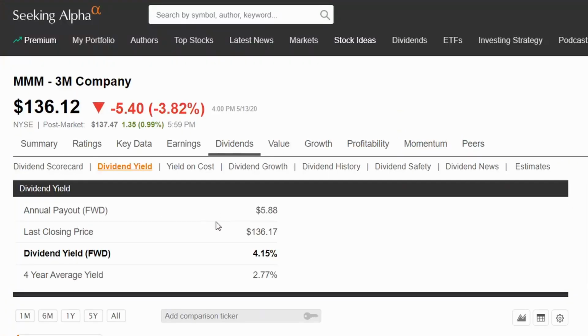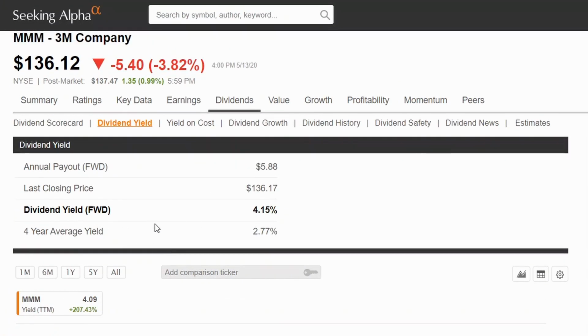But let me give you an example of a model dividend stock that is 3M. Its ticker symbol is MMM. Very clever there. You could see their dividend yield right now is hovering around that 4%. Its average 4-year dividend yield is 2.77%.